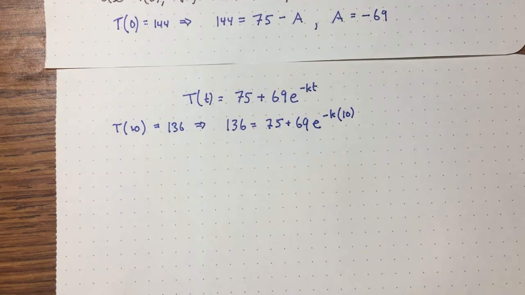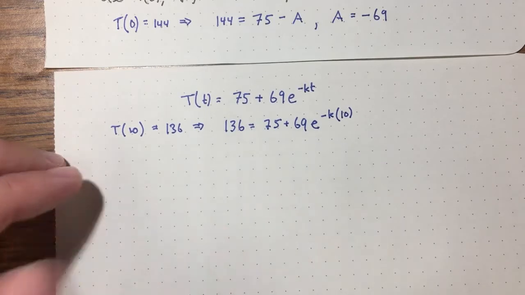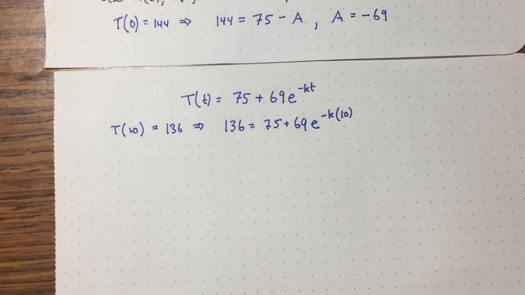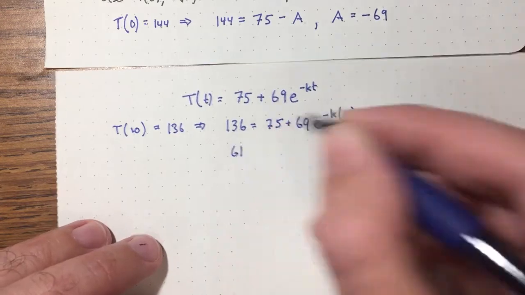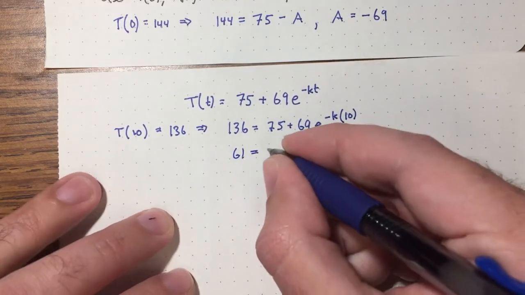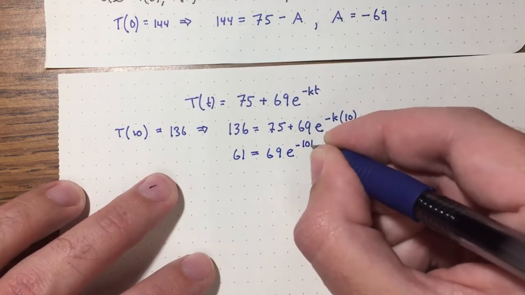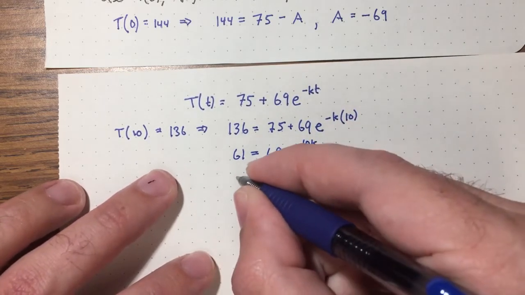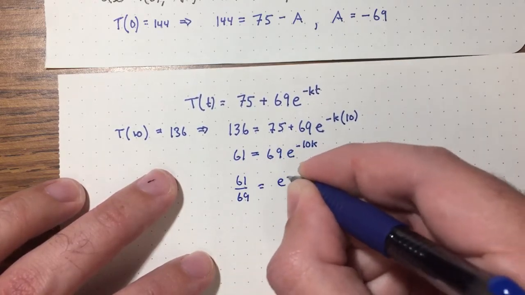Great. Okay, so first thing we'll do is subtract that 75. So we get 61 equals 69 times e to the negative 10k. So we get 61 over 69 is e to the negative 10k.